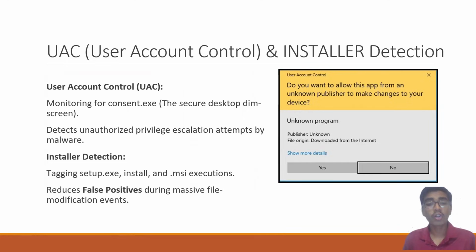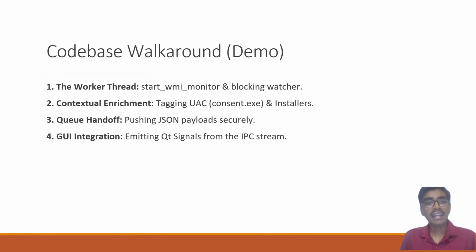In the installer detection, as we are getting the process name, we parse the name, and if it is setup.exe, installer, or .msi, this kind of thing, we can claim that this is an installer. So we can say some software is trying to install on your PC. This is how it works. And here, as you can see, the code base.